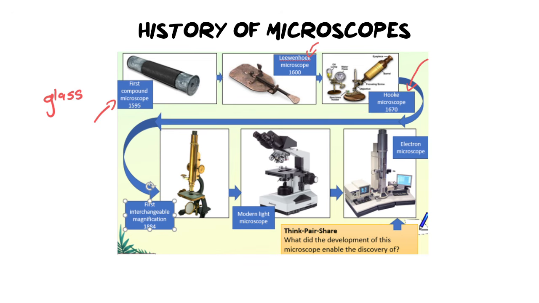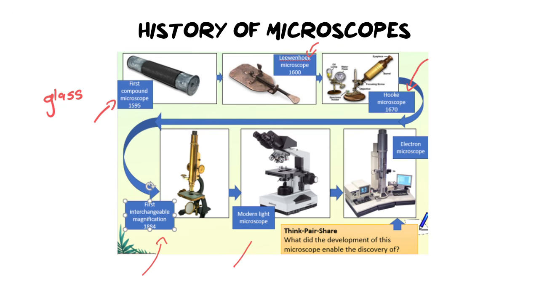Only after the invention of these microscopes could we actually see what is not visible to the naked eye. But then you'll notice that for quite a very long time, we didn't really have a strong microscope up until 1884, where we actually had what looks like a more modern microscope, something that might look more familiar to us.